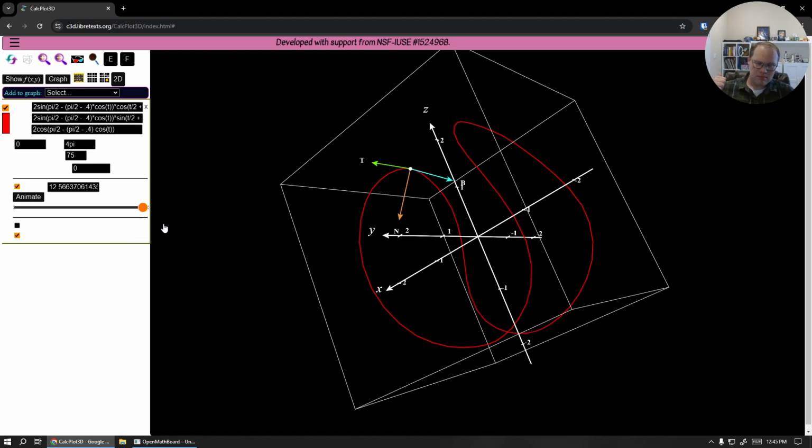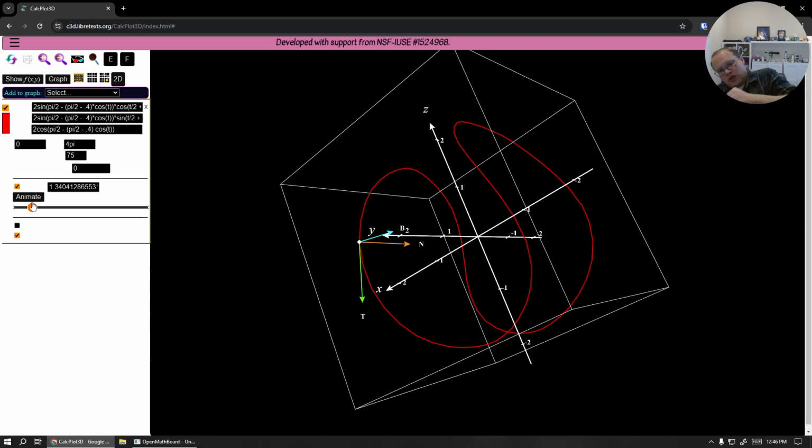Okay. If you think about it as a roller coaster, the unit tangent vector, that's the direction the roller coaster is moving in. The unit normal vector, that's the direction you're going to feel jostled side to side.